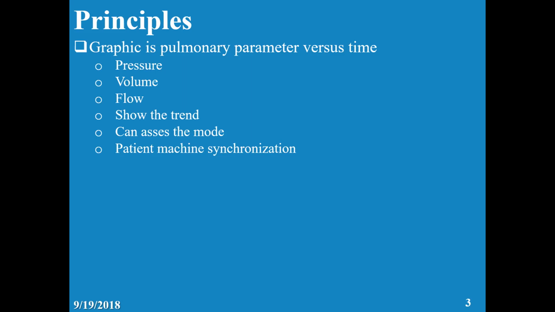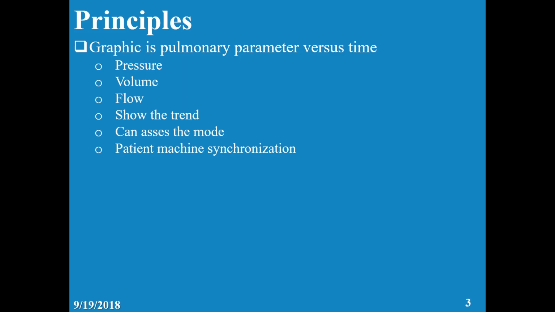So these parameters can be pressure, can be volume, can be flow. And as I said, because it shows us more than one value, more than one breath, between 3 and 7 at a time, it can tell us the trend. But also, because it shows the type of the breath, it also shows the type of the control, whether it's a volume or pressure.